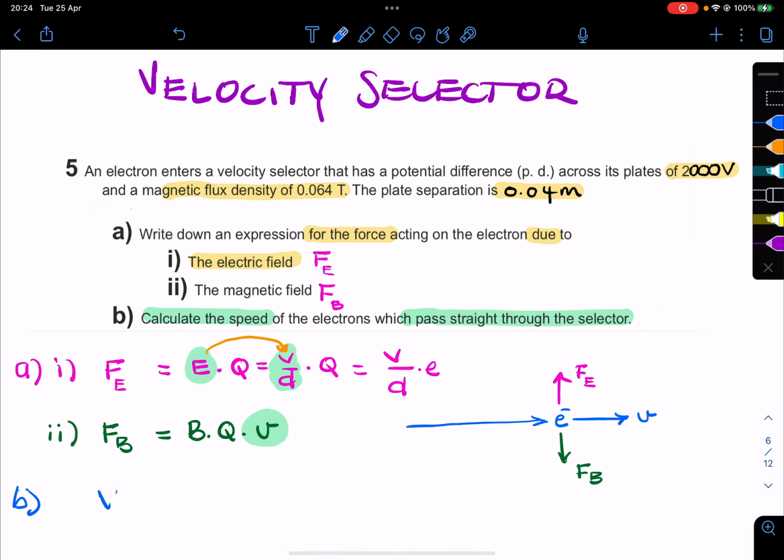So we can write V over D times e equals B, and instead of Q, I'm just going to write e, the charge of the electron, times V. Now this V is the velocity, whereas this V is the potential difference, so they're not the same.